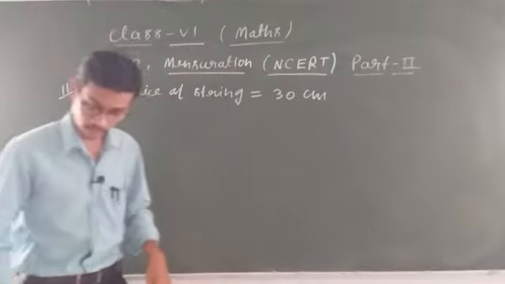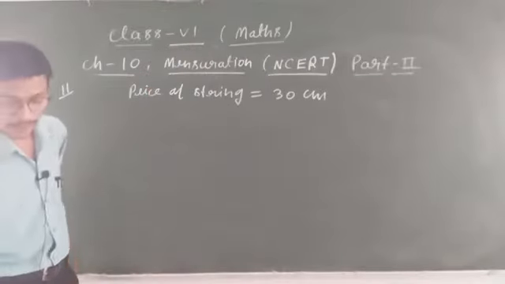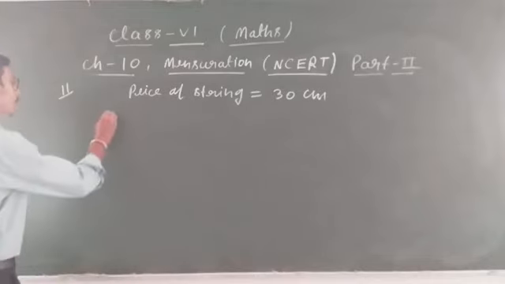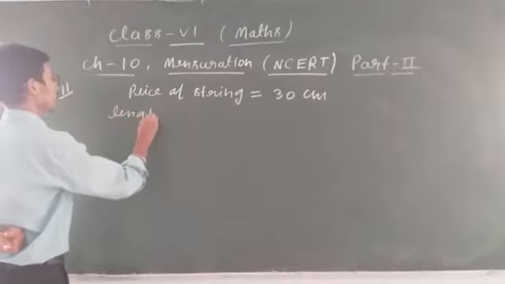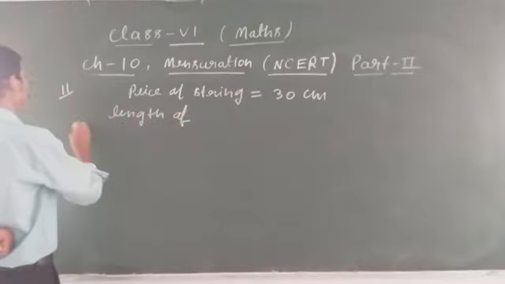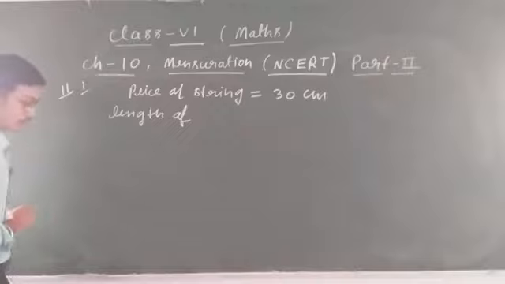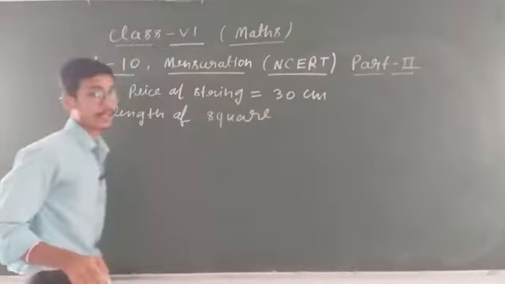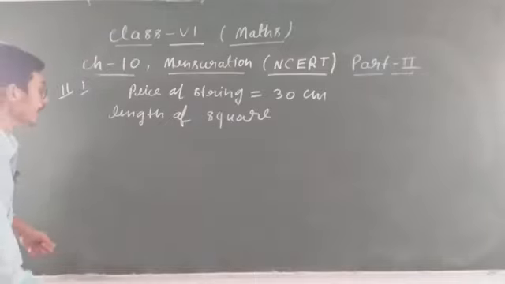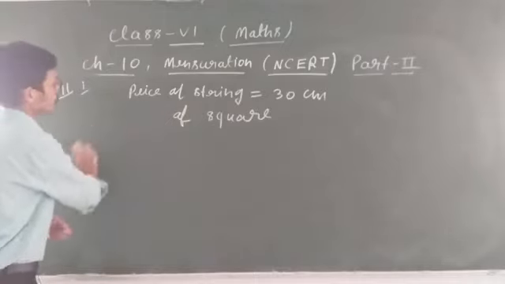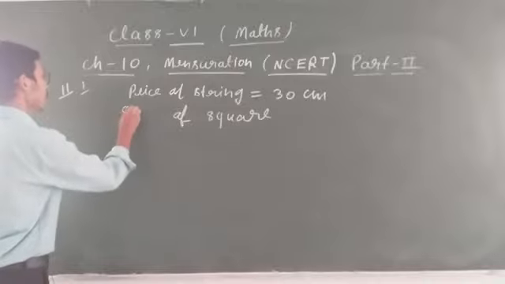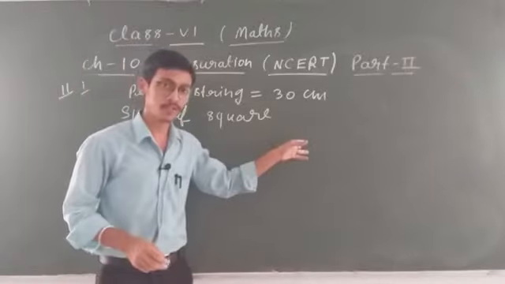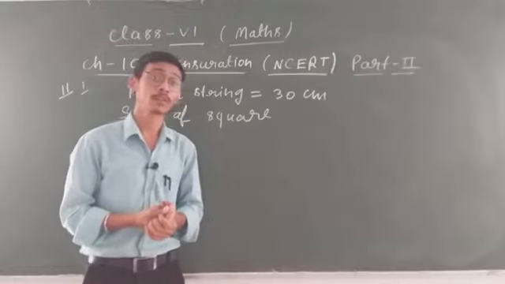Now come to the question. What will be the length of each side if the string is used to form a square? You have to find the length of the square, which means the side of the square. In the previous question we discussed, if you have to find the side of a square and the perimeter is given, what you can do?